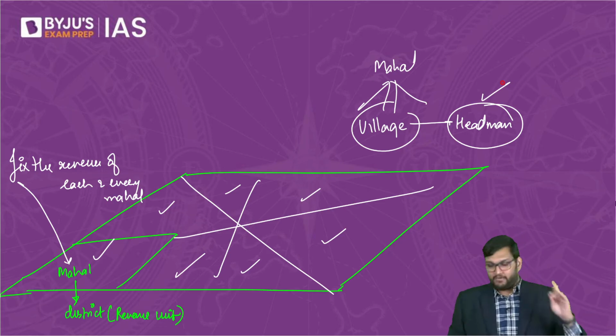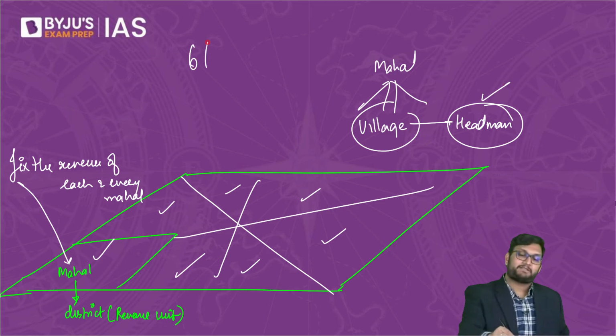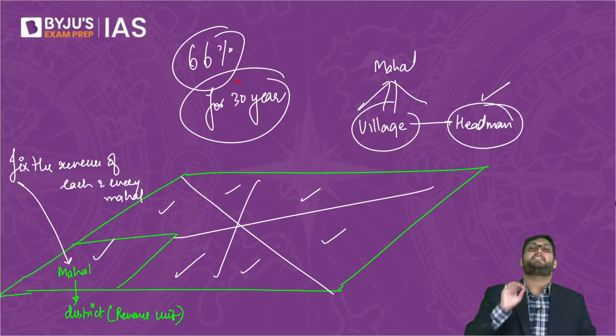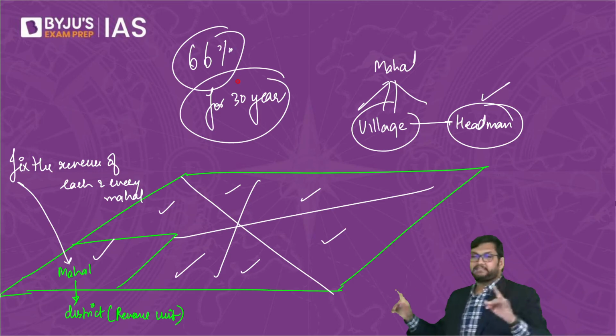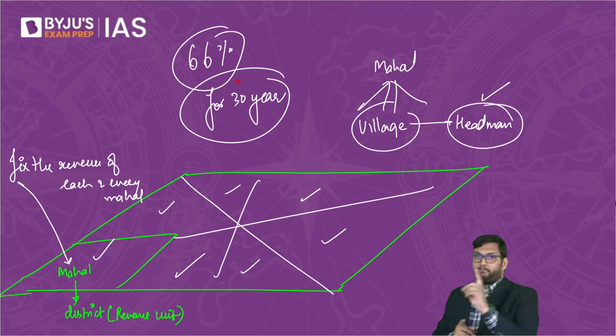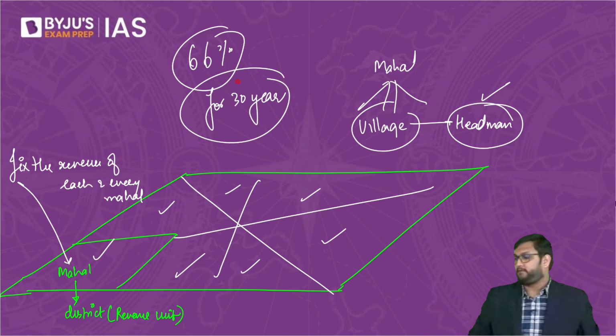And the revenue was fixed at 66% for 30 years. Now, this is called absurd British guesswork. 3 places they went, 3 different systems. Here zamindar, here peasant, here mahal.